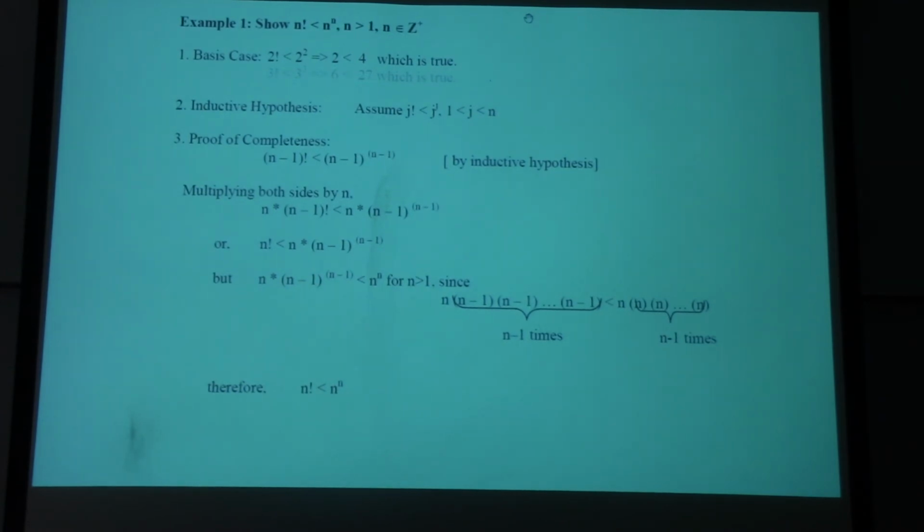Does that make sense? So that was a little bit different. You have to do a little thinking for that one, but ultimately you're proving this right here. Any questions?